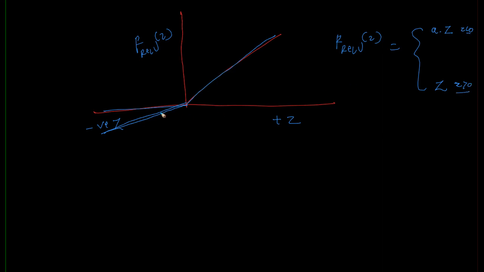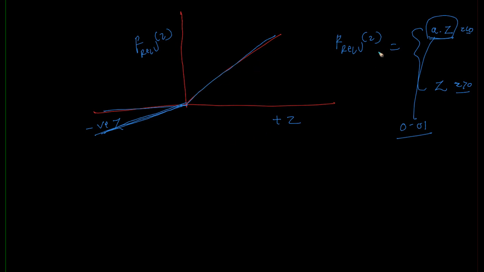This a can be a very small value like 0.01. So when z is negative, f ReLU is a times z, a smaller value compared to z, because a is small. And when z is positive, we have f ReLU as z itself.